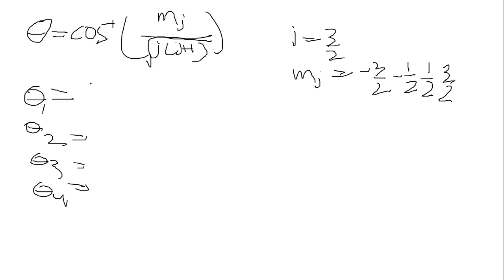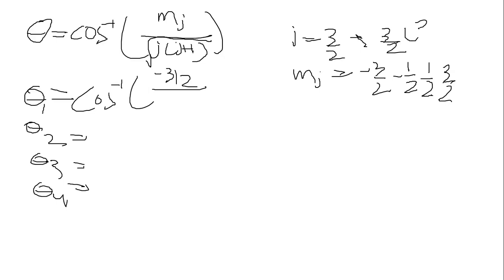Suppose for theta 1, we take MJ equal to minus 3/2. Then it will be cos inverse of minus 3/2 divided by root of j into j plus 1, which will be the same for all 4 cases. For j equal to 3/2, root of j into j plus 1 is root of 3/2 into 3/2 plus 1, which is 3/2 into 5/2, so 15/4 under the root.